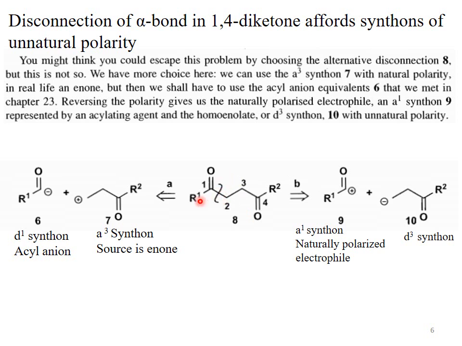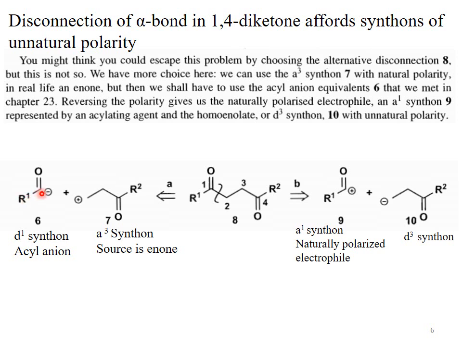We have more choice here. We can use the A3 synthon 7. See, this is our target molecule, that is compound number 8. When this bond is cleaved, that is the alpha bond with respect to one functional group, then we obtain two fragments. One fragment will carry the positive charge and the other fragment will carry the negative charge.